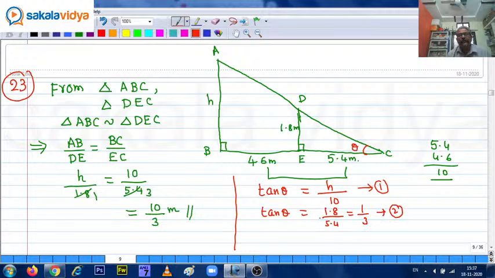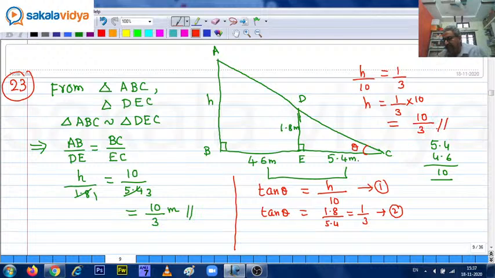Equation 2. From 1 and 2, H by 10 equals 1 by 3. By cross multiplication, H is equal to 1 by 3 times 10. So the answer is 10 by 3. So both the methods we can do.